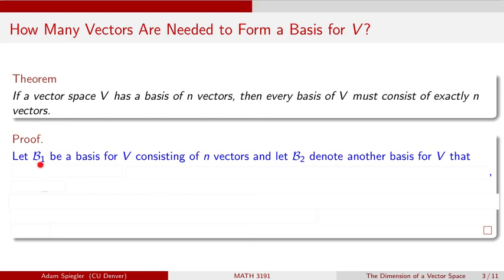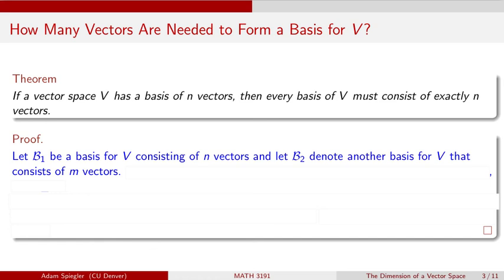So let's say I've got basis B1 for this vector space V, and I know that it has n vectors in it. Then let's consider some other basis, B2, for this vector space. So here what we are assuming is B1 is a basis with n vectors. B2 is some other basis for V, and let's assume that it has m vectors, and at this point, we don't know anything about the relation between m and n.